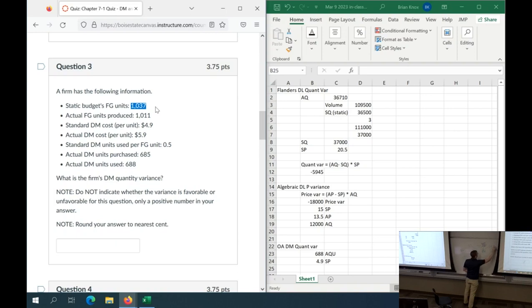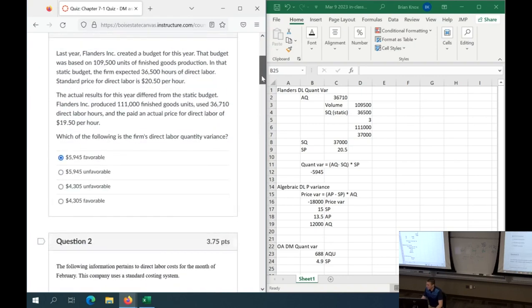In fact, what I want you to do throughout the quiz here is anytime you see static budget, run scared. I want it to send off red flags. Like this is a pitfall. It's a way that I'm trying to be tempted off the path here, because we aren't asking about any volume variances, and so we don't need to know much about the static budget.